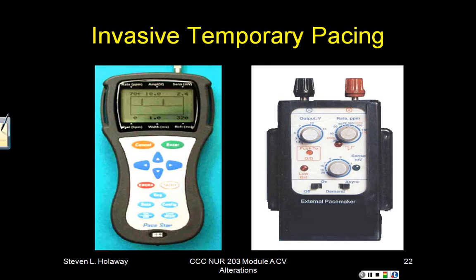If you've ever walked across a carpet and then touched someone and shocked them with static electricity, that's what can happen with these open-ended wires. If you accidentally touched one of those open-ended pacemaker wires and had static electricity discharged from you into those wires, because this is in direct contact with the heart, it only takes a small amount of amperage to put this patient into ventricular fibrillation.